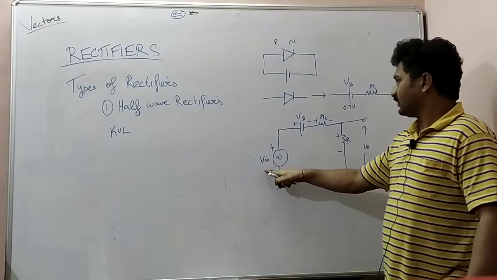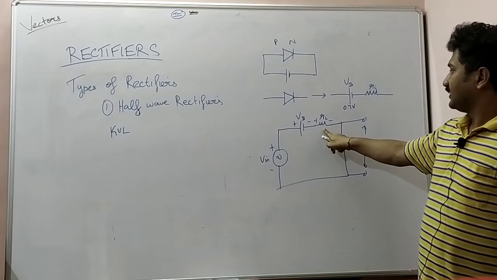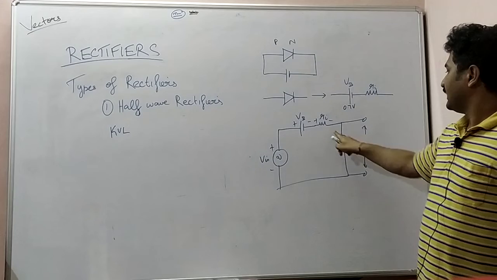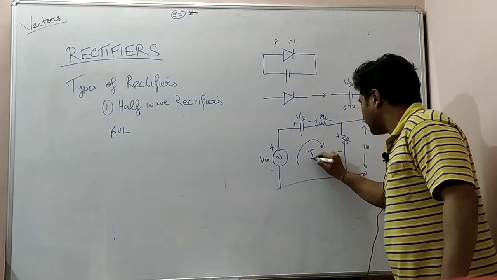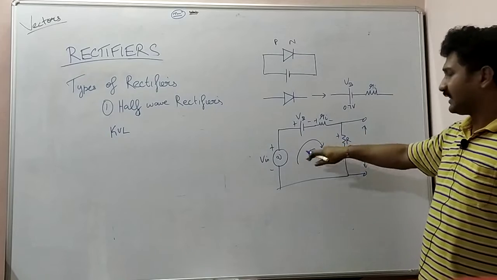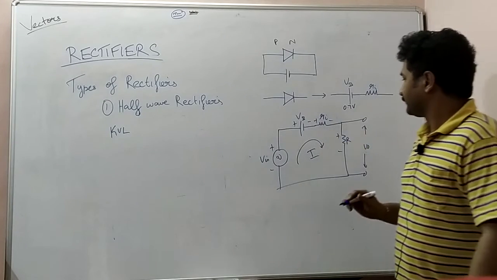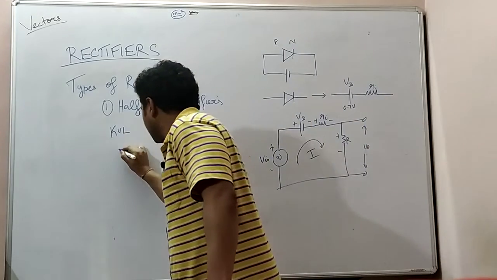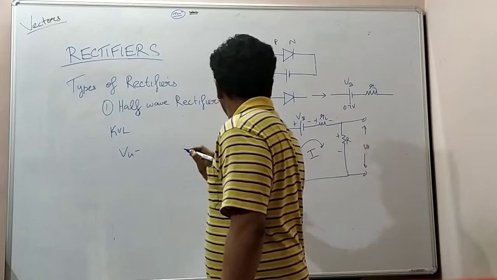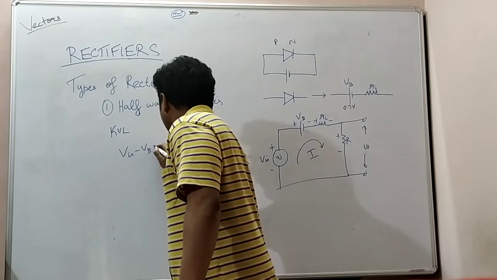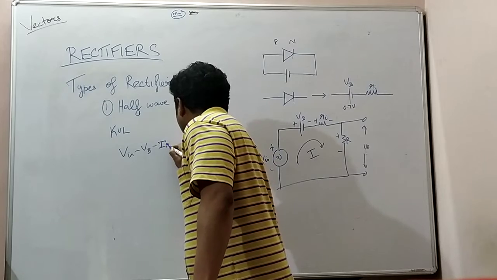Here V in is one voltage, VB another voltage, and the voltage drop occurring across RI, and here also R. So here we have to assume that a current I flows. A current I will flow in this series circuit. Let's give the name I for that. So here V in minus VB minus I into RI.